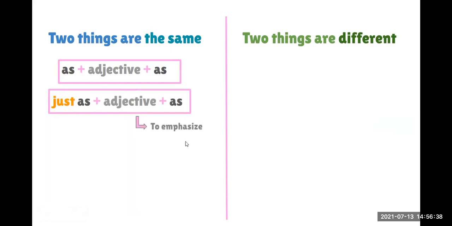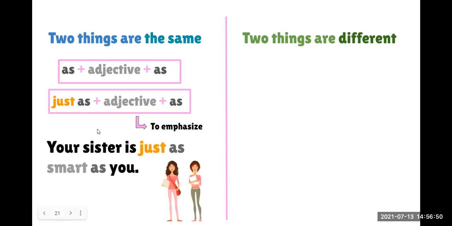This just es para enfatizar. Si ustedes quieren enfatizar que de verdad son idénticos, pueden utilizar just. For example, your sister is just as smart as you. Tu hermana es tan inteligente como tú. Okay? So just as smart as you.